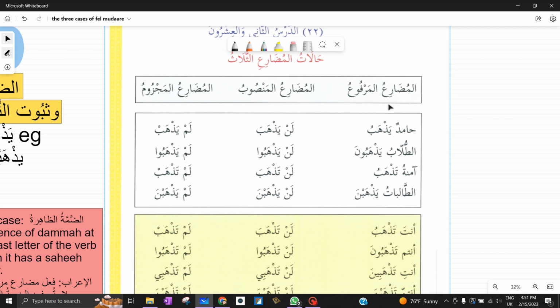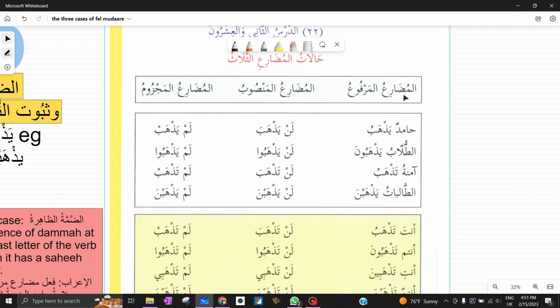If you go through this table, it won't be very easy to understand, so I have made my own table to make you understand what these three cases are, how it is done and what changes come. So I'll just go through this quickly and then I'll move on to my own table.